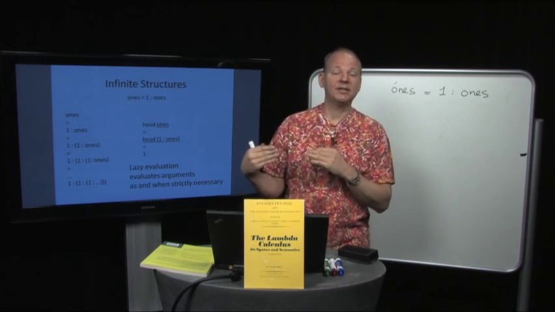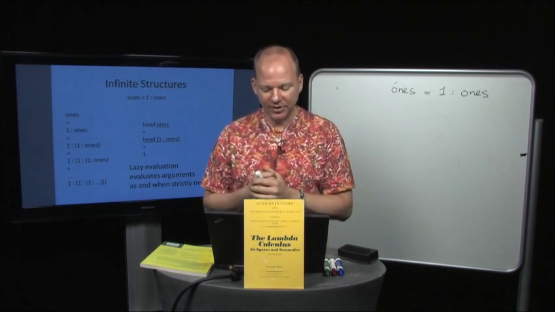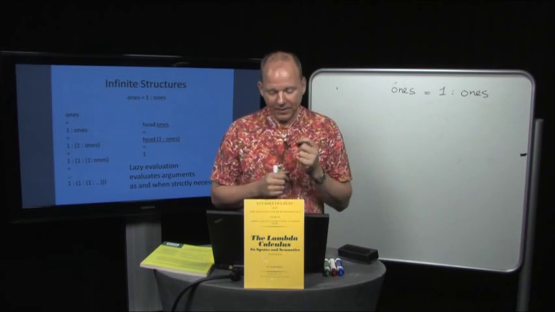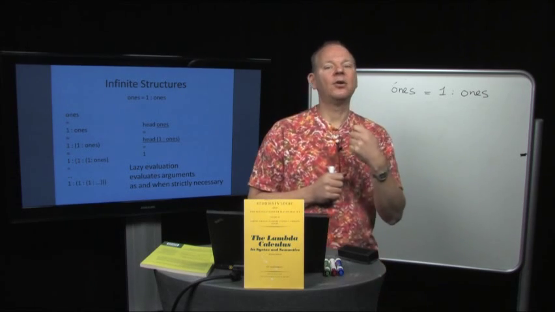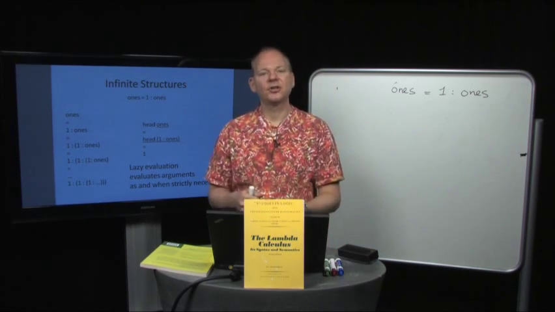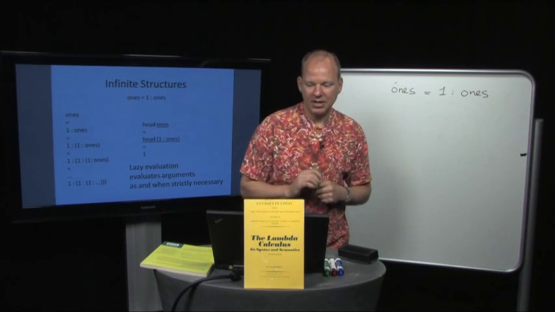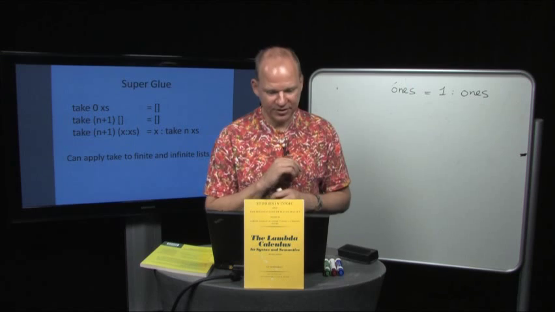And that's the property of lazy evaluation, that it only evaluates the arguments when it's strictly necessary, and then it also shares the result, so it never duplicates the work. So that's a very powerful execution mechanism.